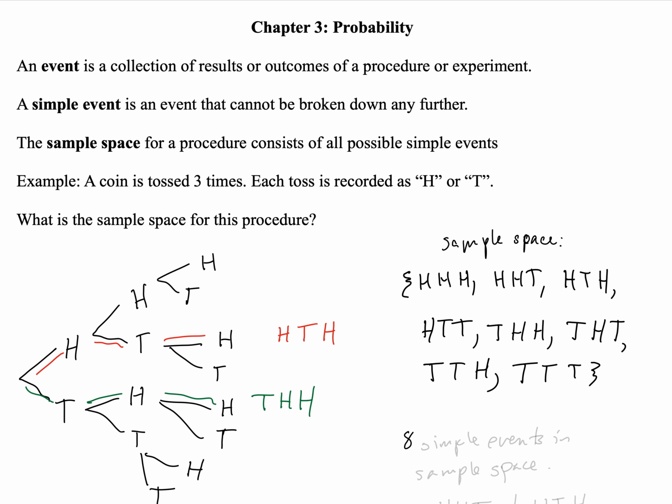So there are 8 simple events in the sample space for this experiment.